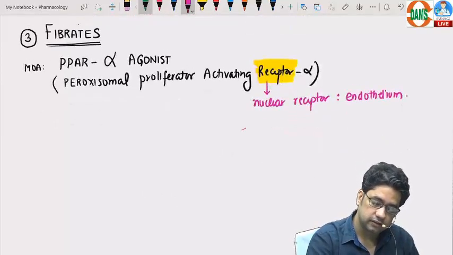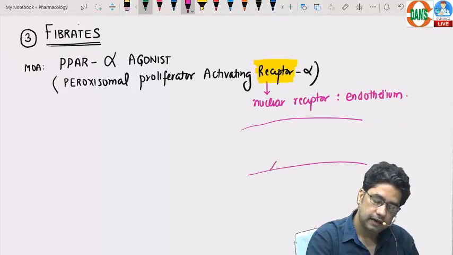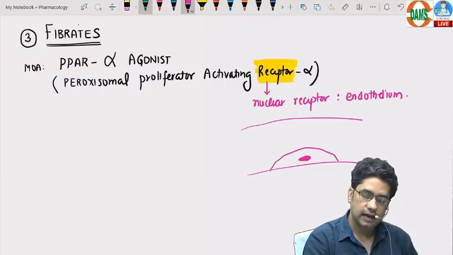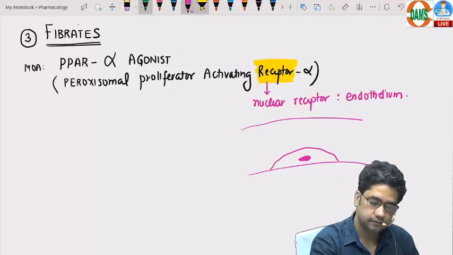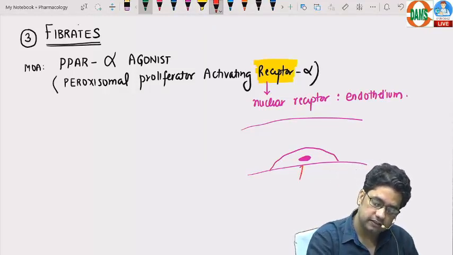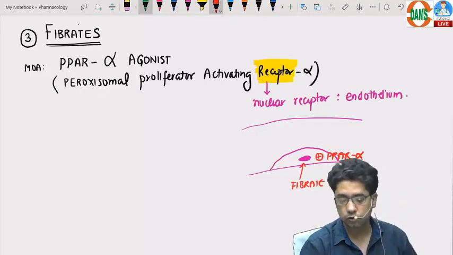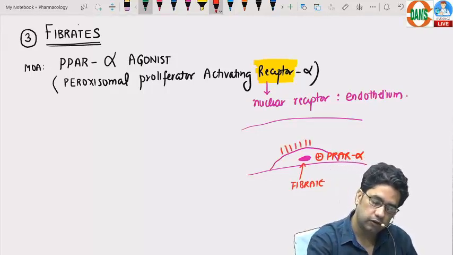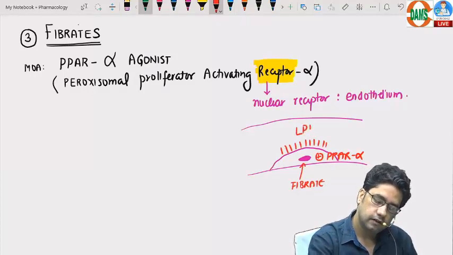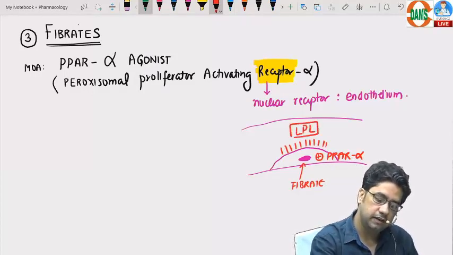Now, suppose this is a blood vessel and this is an endothelial cell. And this endothelial cell has PPAR alpha receptor. When you stimulate this receptor by fibrate, this endothelial cell will start producing one protein, LPL enzyme or LPL protein.